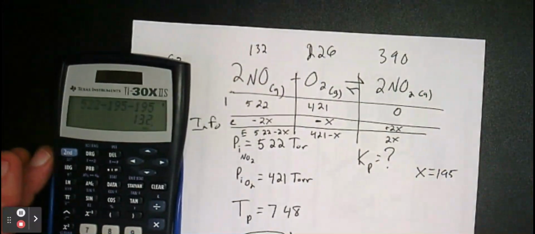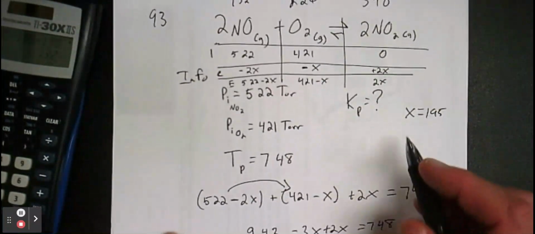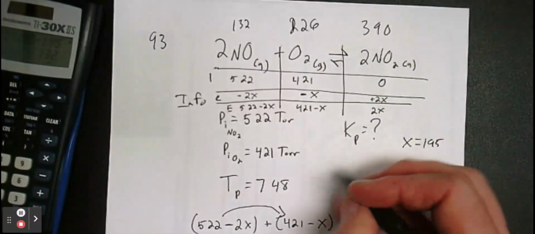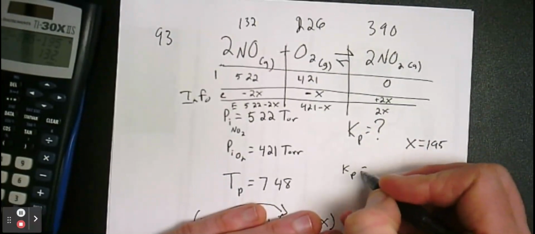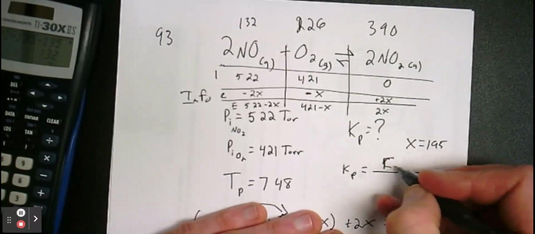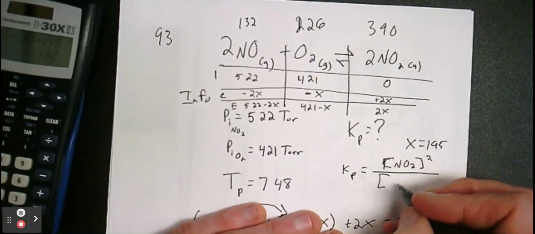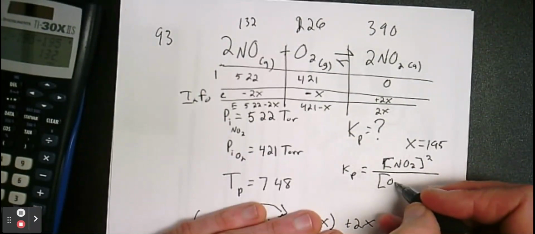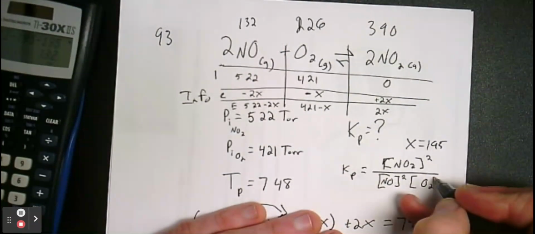Now, I want to calculate my Kp based upon these pressures. So my Kp is going to be equal to the pressure of NO2 squared over the pressure of NO squared times the pressure of O2.